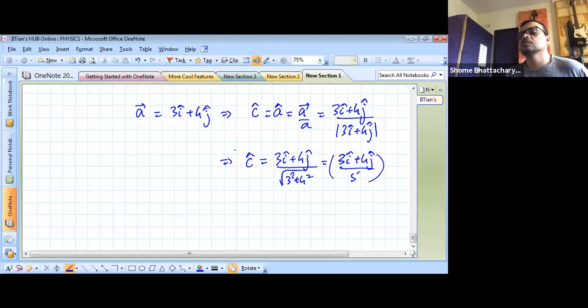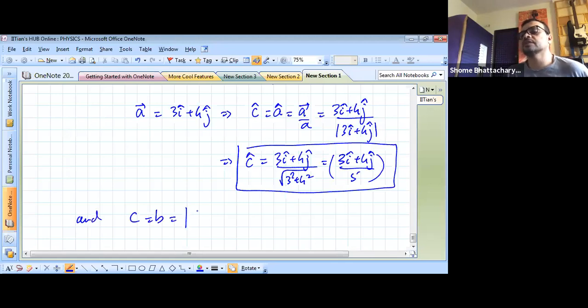So this is the unit vector, and the magnitude of C is equal to the magnitude of B, which is the magnitude of this vector, 7i cap plus 24j cap. So that is square root of 7 square plus 24 square.